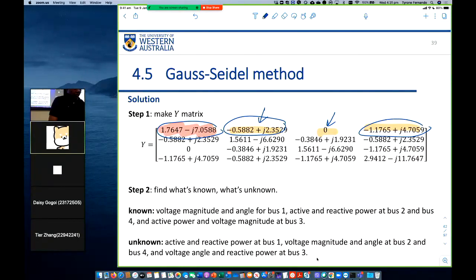So in fact, if you negate this and you negate that and add them together, you will get this. Right? So you should be able to calculate the admittance matrix.